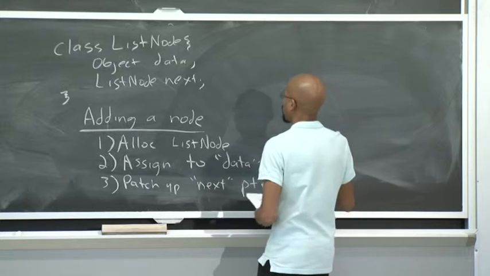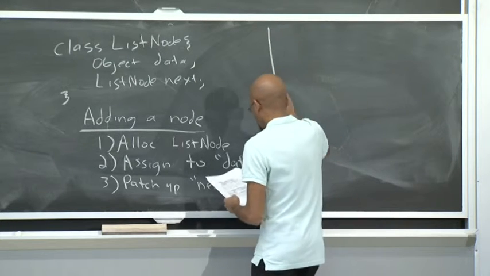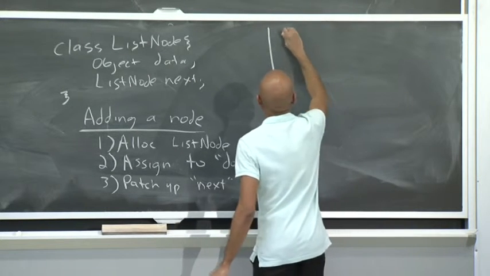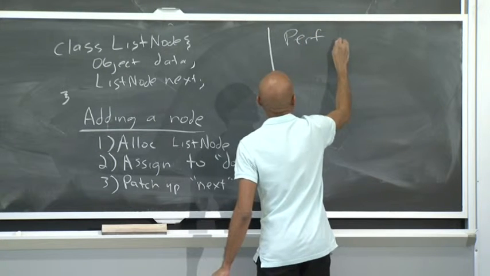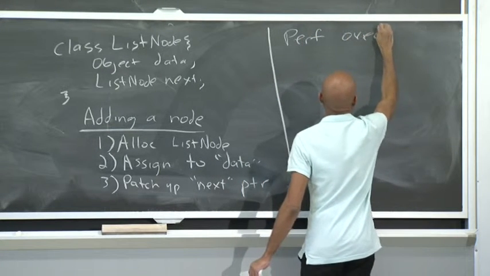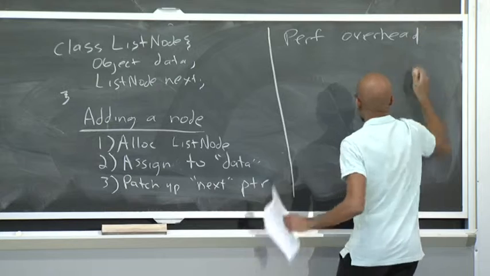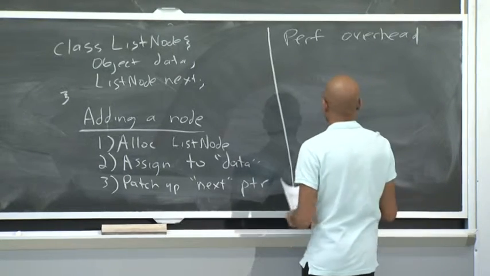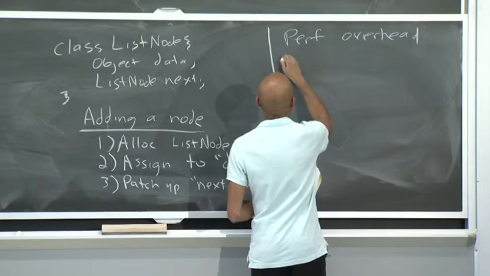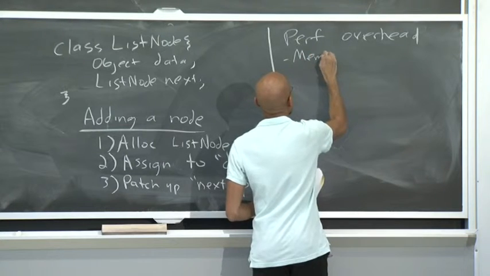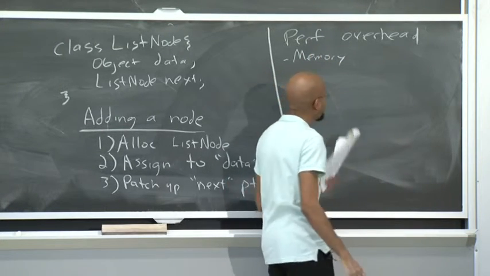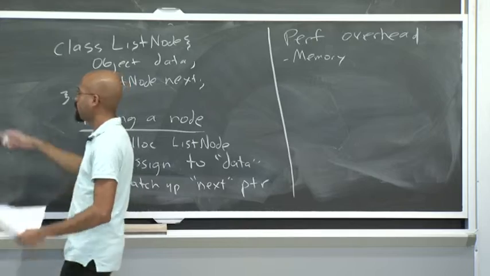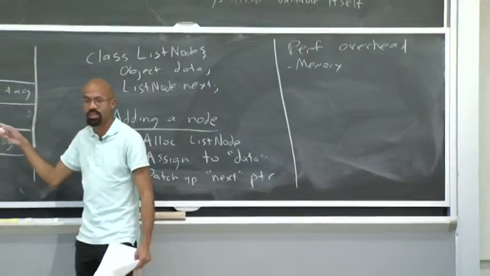All right, so in terms of the performance overhead of TaintDroid, what does that look like? The overheads actually seem to be pretty reasonable. There's going to be a memory overhead, essentially of storing all of these taint tags.